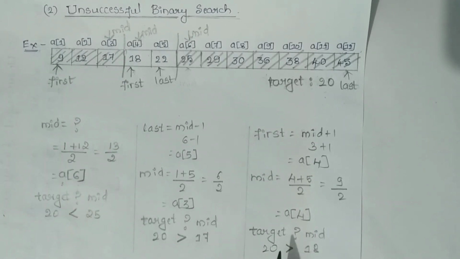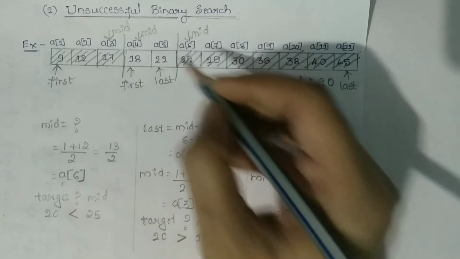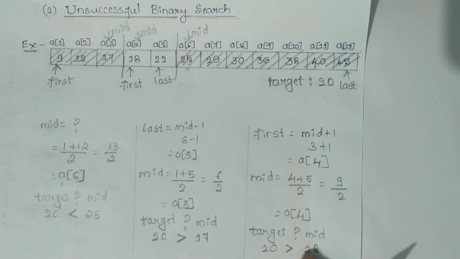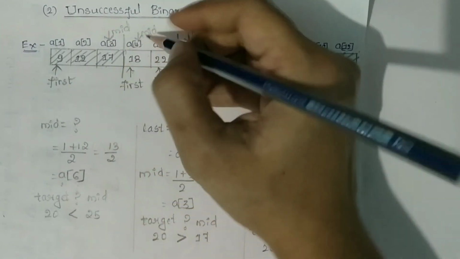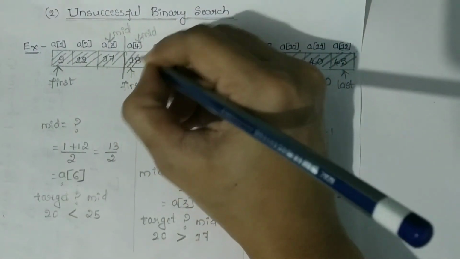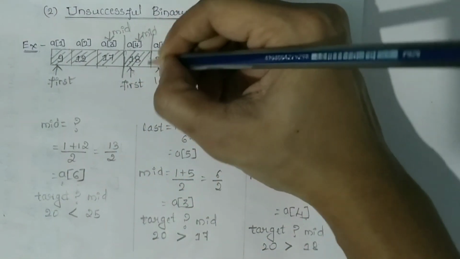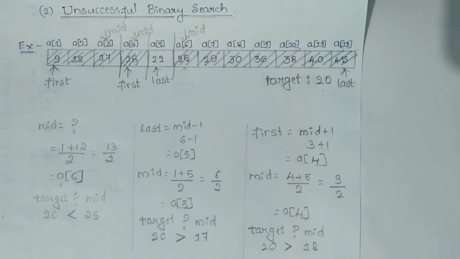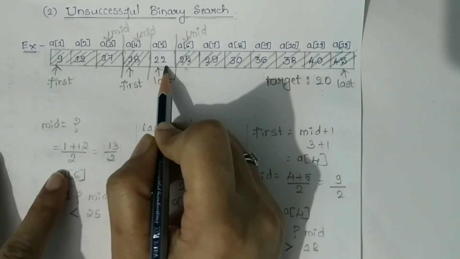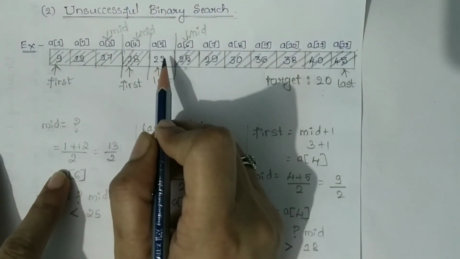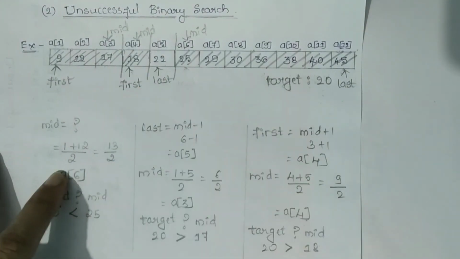Here the target is greater than the middle value, so eliminate the lesser part, from first to mid. I have eliminated this. Now only one value remains here, that is array of 5.